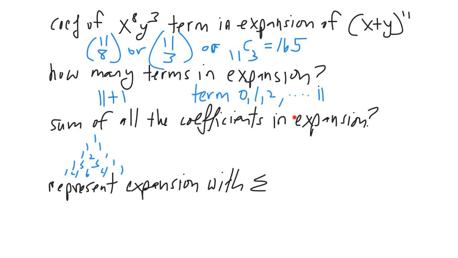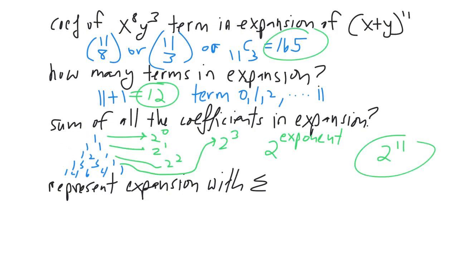As far as what all the coefficients in the entire expansion add up to, we're going to look at a small piece of Pascal's triangle which holds the coefficients. If we add up the coefficients in row 0, they will add to 1. Row 1 will add to 2, that's 2 to the 1st power. Row 2 adds to 2 to the 2nd power.